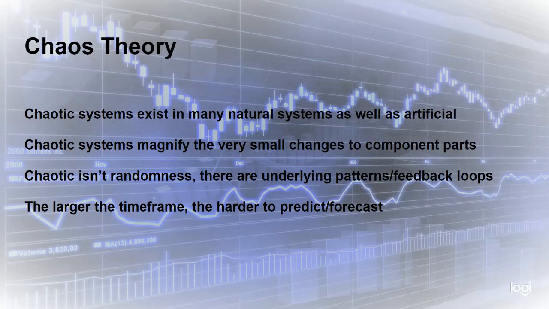One of the main aspects of a chaotic system is that a very small change in any of the inputs can result in a very large change in the actual outcome. For example, there's the butterfly effect that many people have heard of.